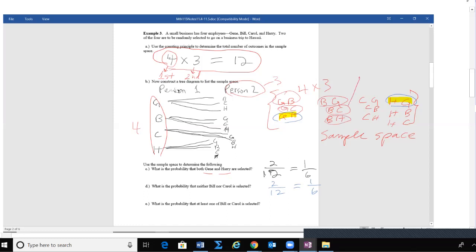Notice that one has both, B and C. Here's another one. Oh, here's another one that has both. That's interesting. And another one, another one, another one. If you look at all the red ones that I just circled, I have 1, 2, 3, 4, 5, 6, 7, 8, 9, 10. So I got 10 out of 12. That's 5 over 6.